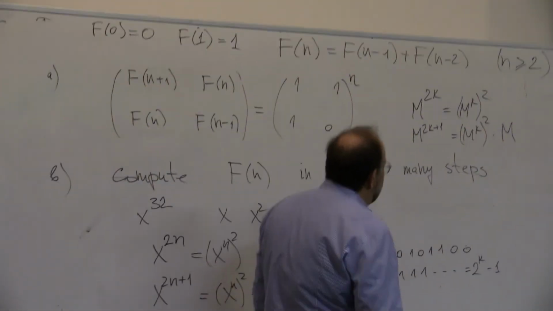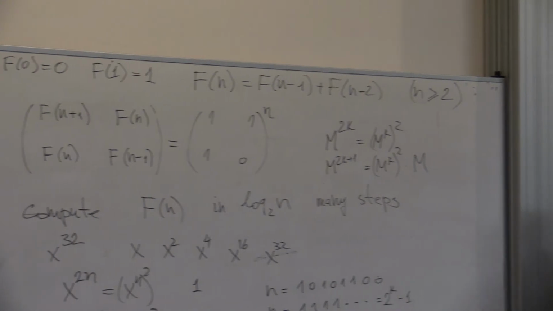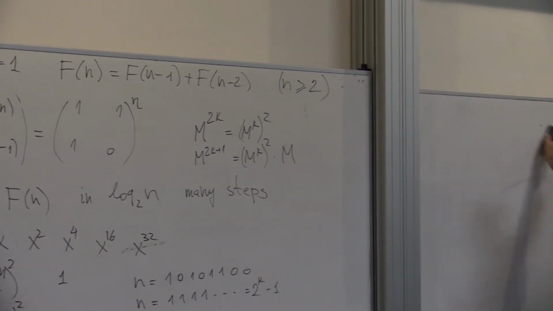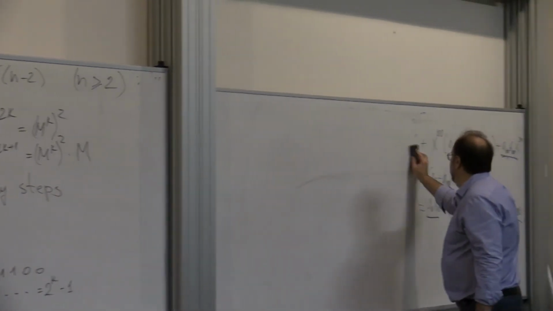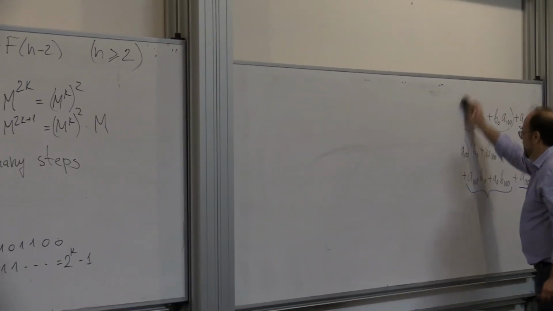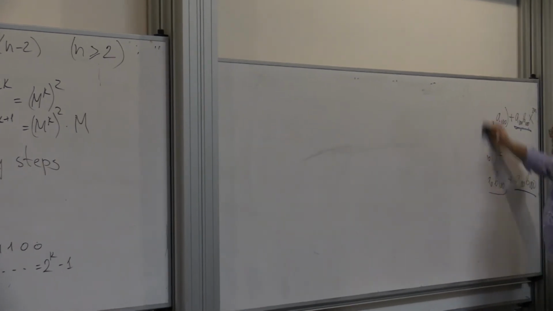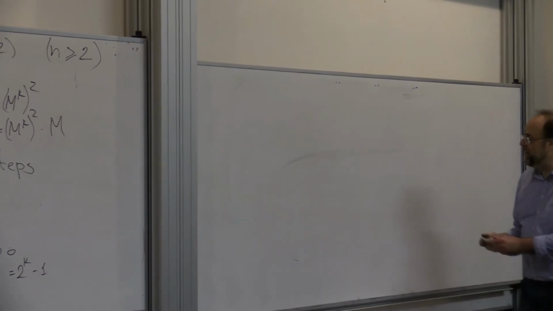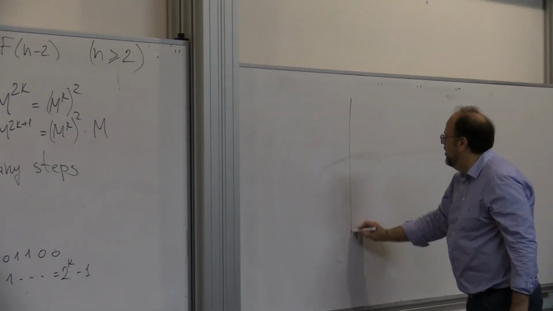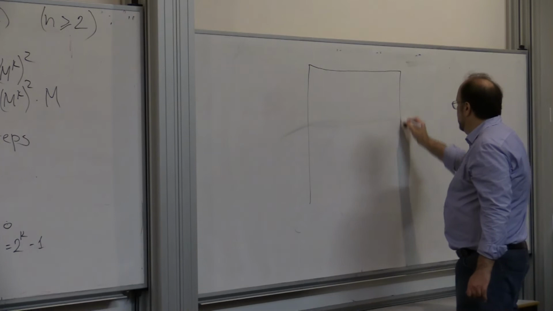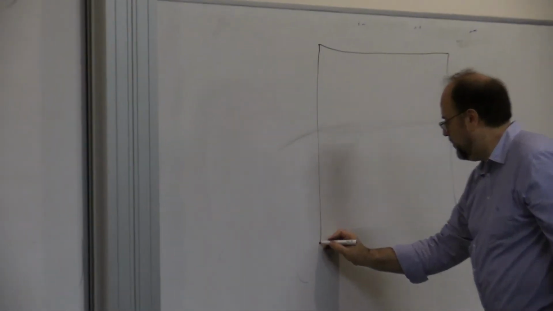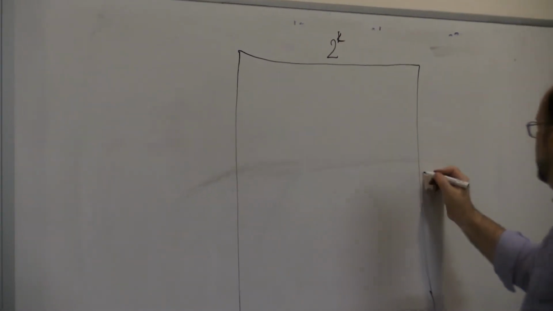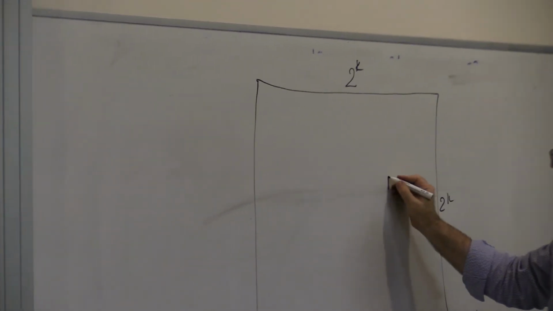So let's do another very pretty divide and conquer. You have a chessboard of size 2 to the k, and it's missing a square.